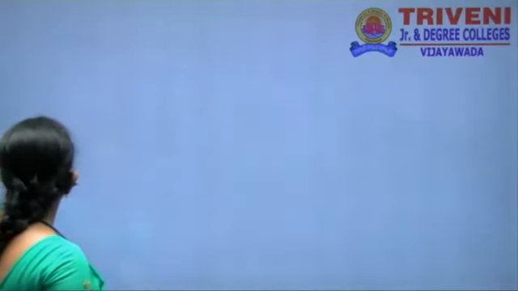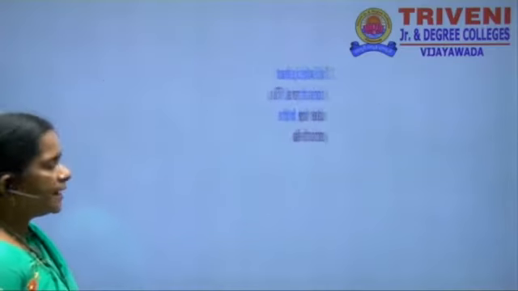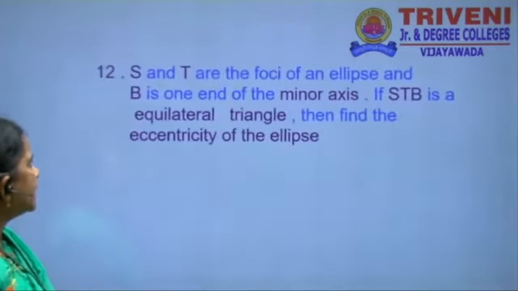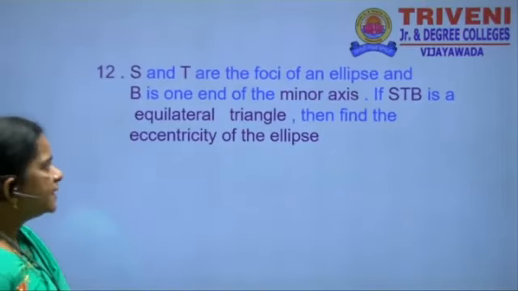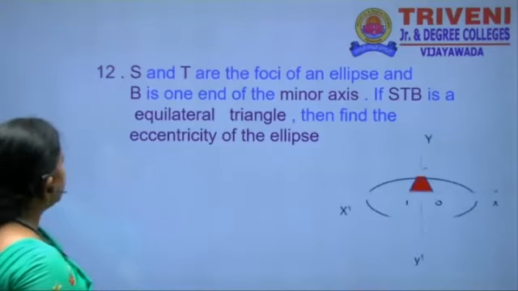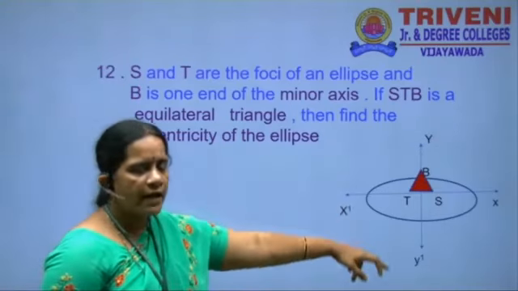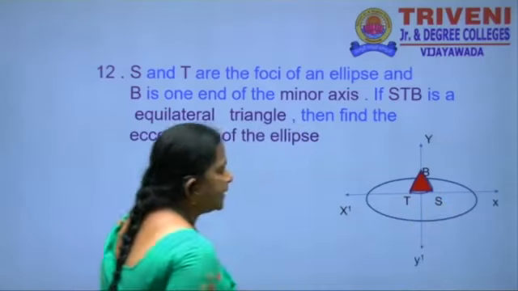And then we are going to the next problem. S and T are the foci of the ellipse and B is one end of the minor axis. STB is an equilateral triangle. Then find the eccentricity of the ellipse. Here it is the x and y axis, and here is the equilateral triangle STB.